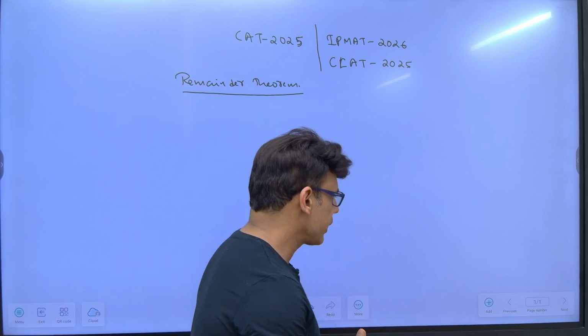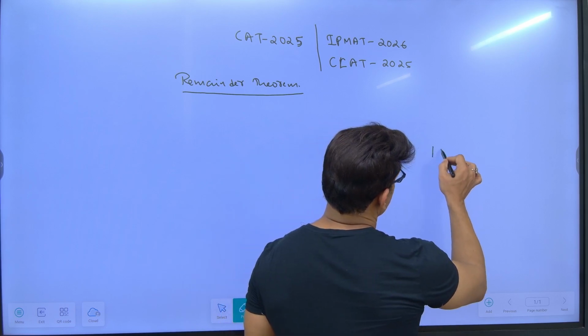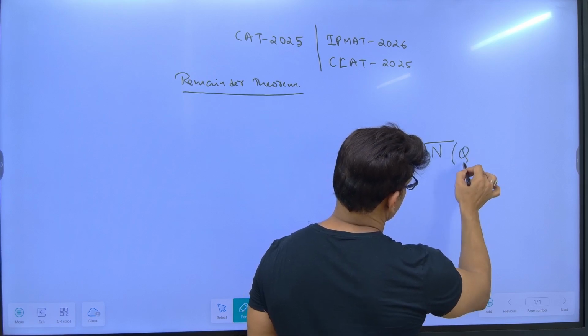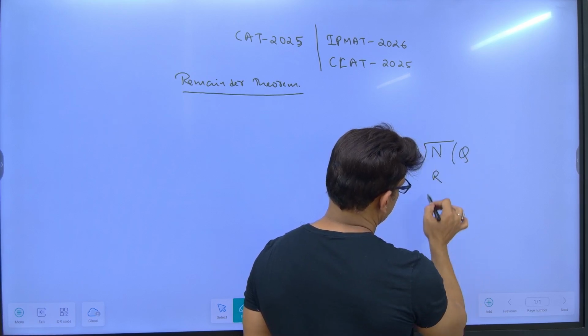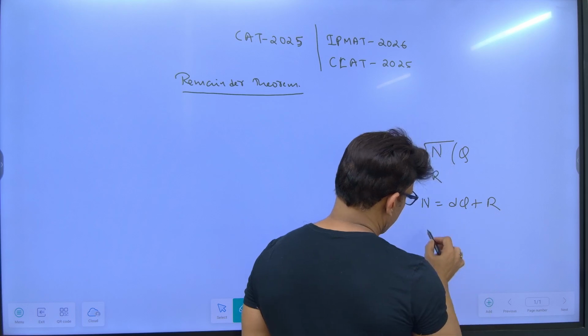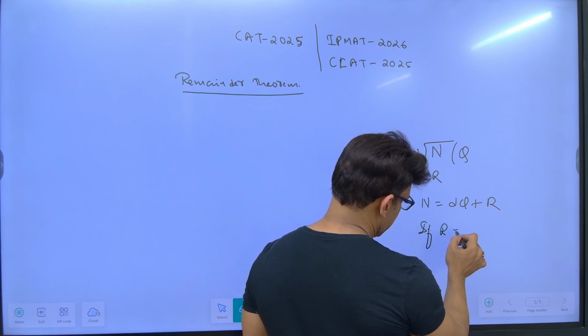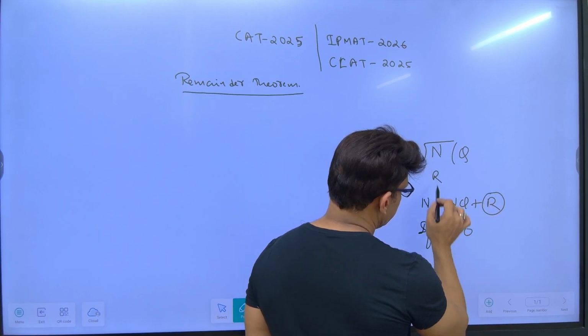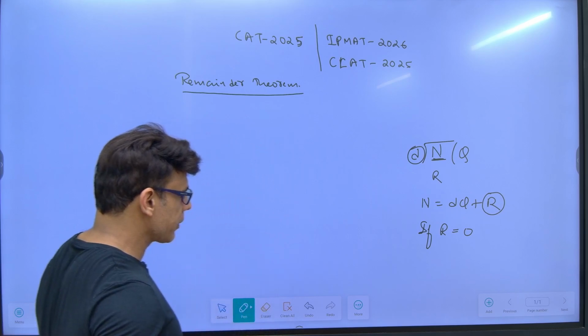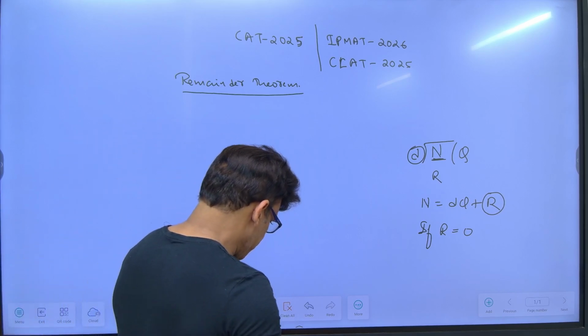It is basically when you take any number n, and divide it by, let's say, d, it gives some quotient q and remainder r, and you can rewrite this number as dq plus r. If r is 0, if the remainder is 0, then this number is completely divisible by the divisor.